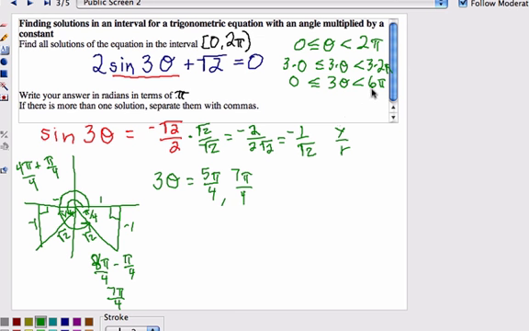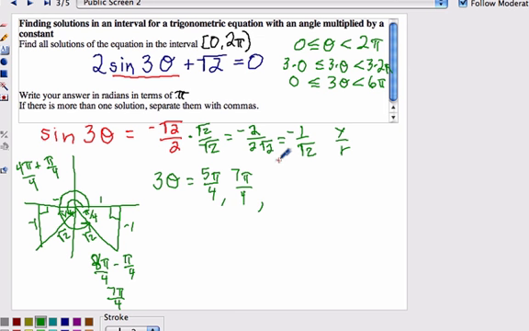So what I want you to think about is what 6 pi is, because all the way around would be 2 pi, all the way around one more time would be 4 pi, and all the way around one more time would be 6 pi. So we want anything less than that 6 pi in our solution set here.